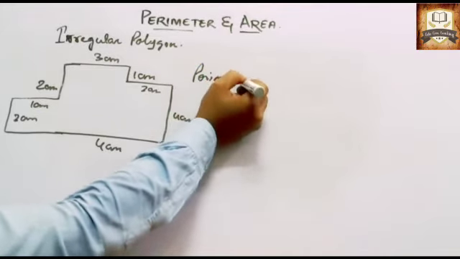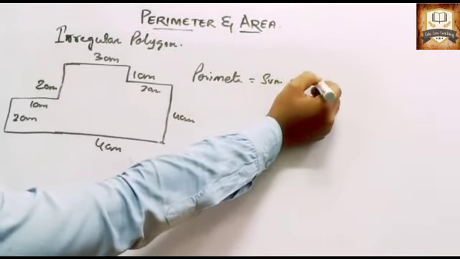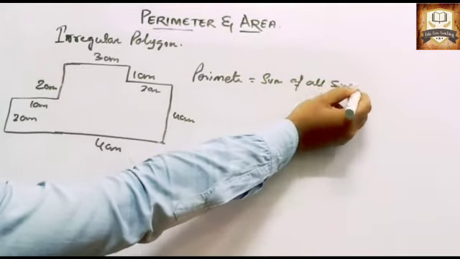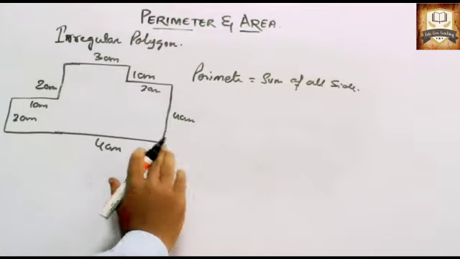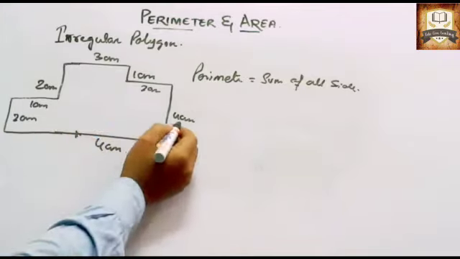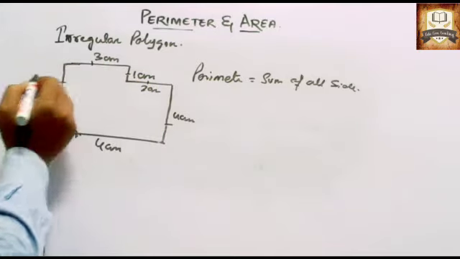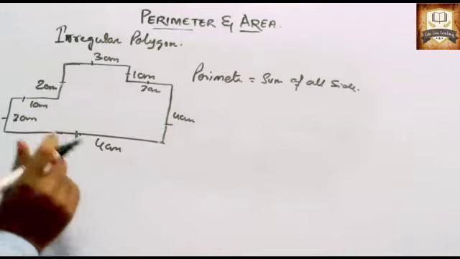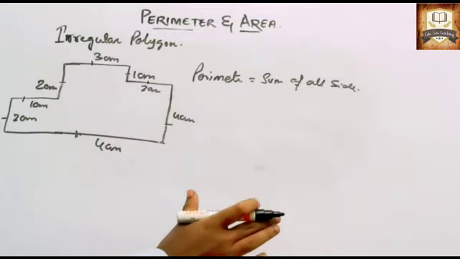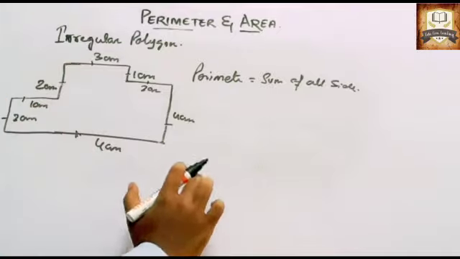Perimeter equals the sum of all the sides. First we have to check whether all the sides are given or not. This side is given, this one is also given, and this one too, so all the sides are given. Now we just have to add all the sides.